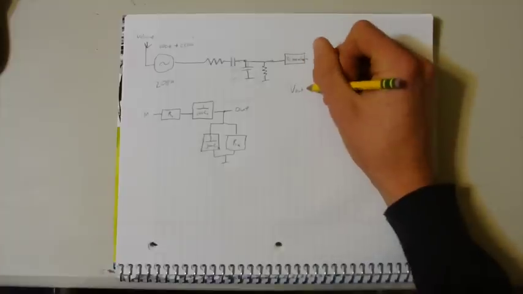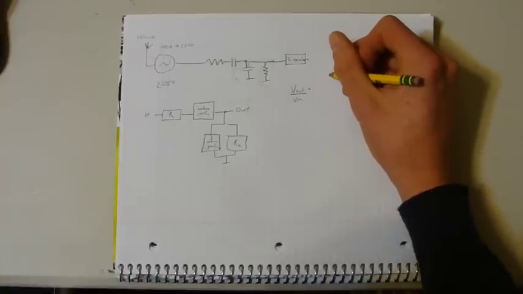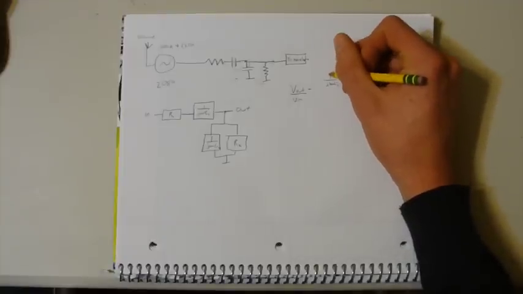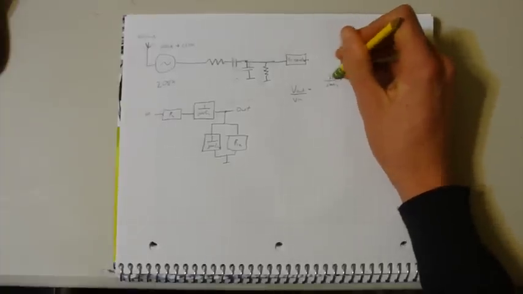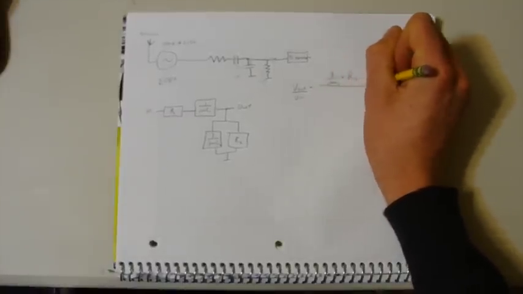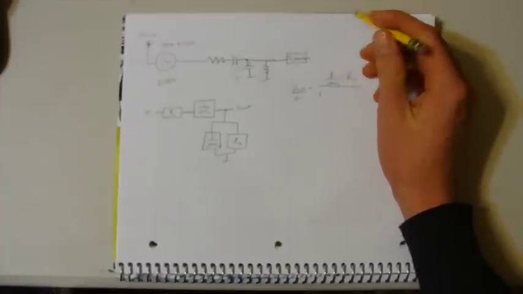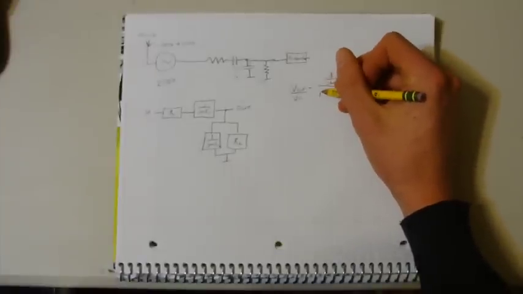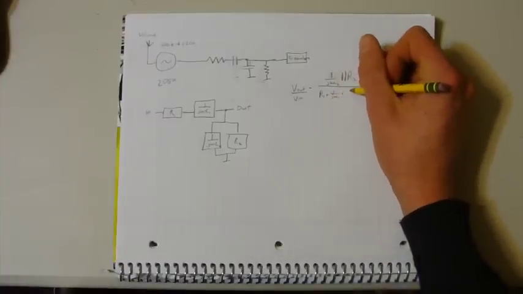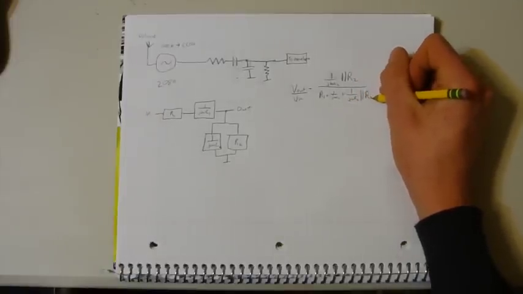V out over V in equals 1 over j omega C2, in parallel with R2, over R1 plus 1 over j omega C1 plus that expression, 1 over j omega C2 in parallel with R2.